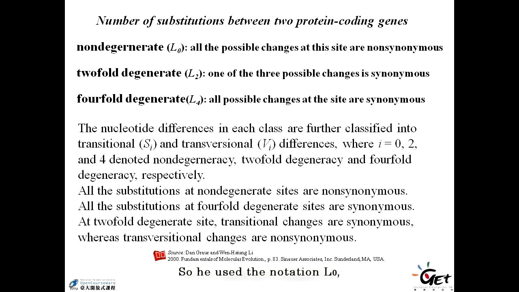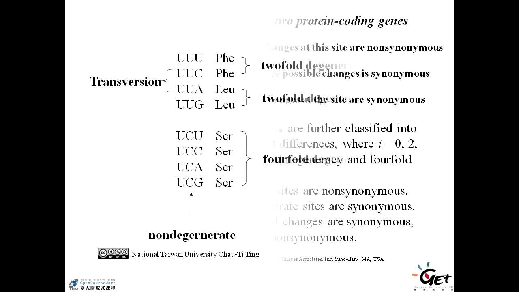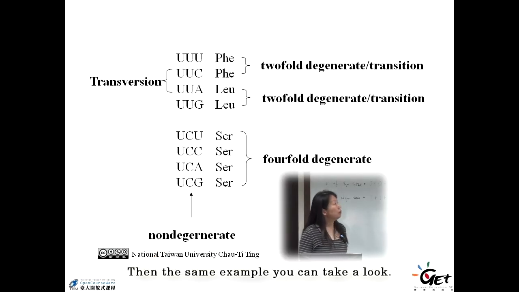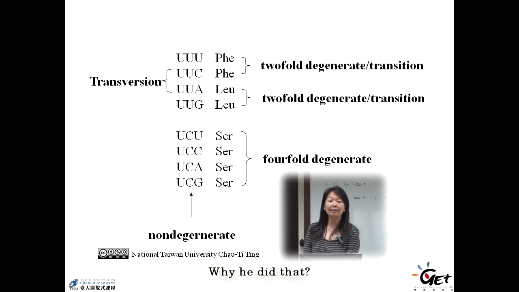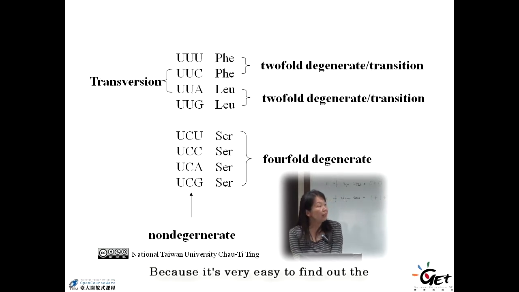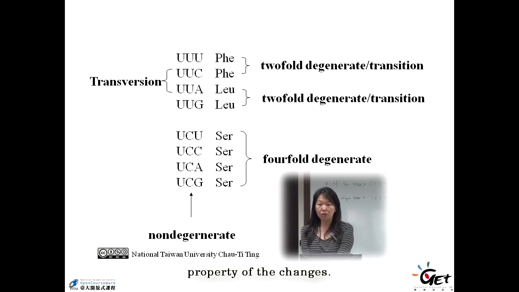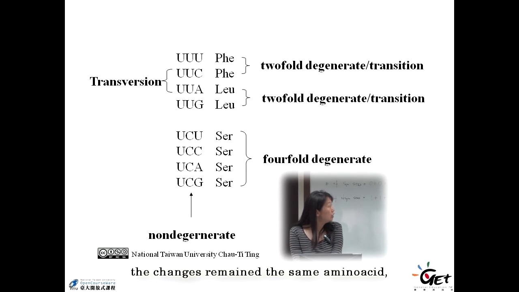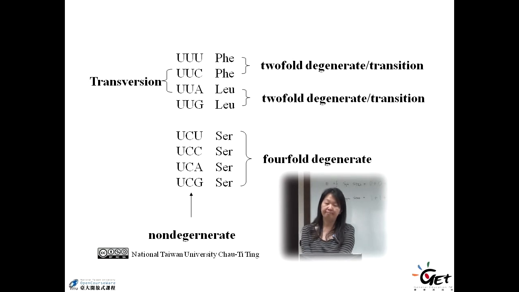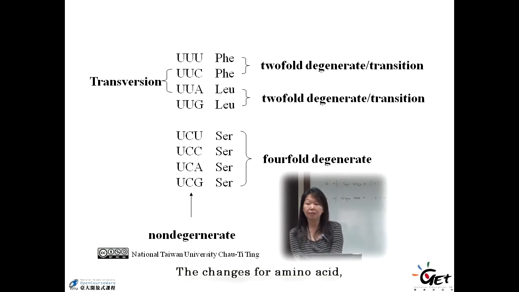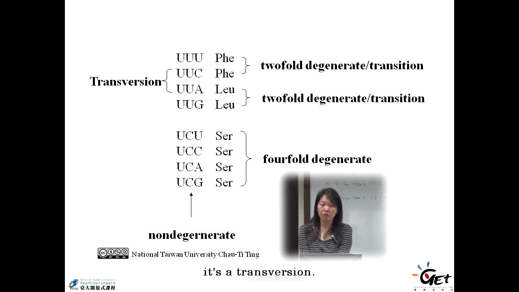So he used the notation L0, L2, L4, where L is the length, 0 for non-degenerate, 2 for 2-fold degenerate, and 4 for 4-fold degenerate. Then the same example, you can take a look. Why did he do that? Because it's very easy to find out the property of the changes. In most cases, a change that remains the same amino acid is a transition, and a change that alters the amino acid is a transversion.